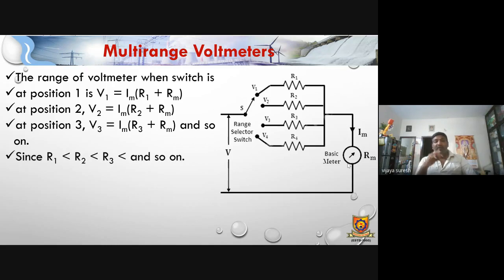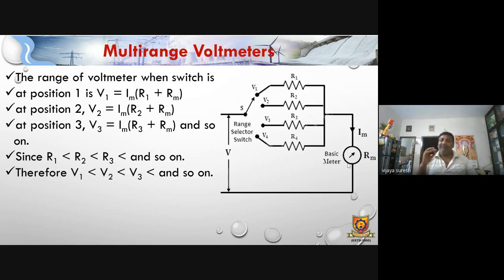Here the relation between R1, R2, R3 is R1 less than R2 less than R3. If this is the case, then the voltage ranges are V1 less than V2 less than V3, and so on. Let us say R1, R2, R3, R4: if R1 is less than R2 less than R3 less than R4 and so on, then we are going to measure voltage ranges V1 less than V2 less than V3, like that.